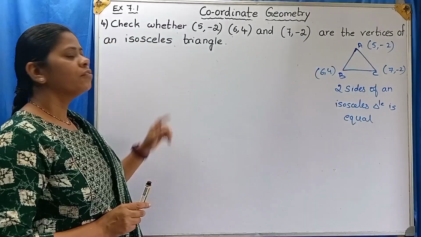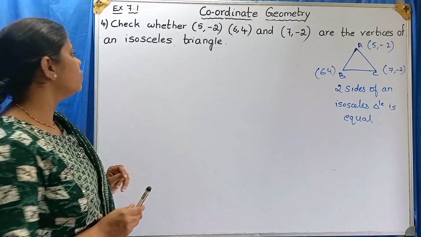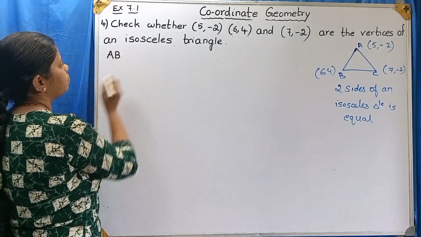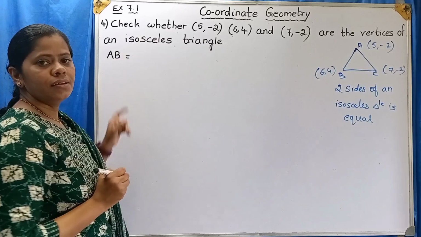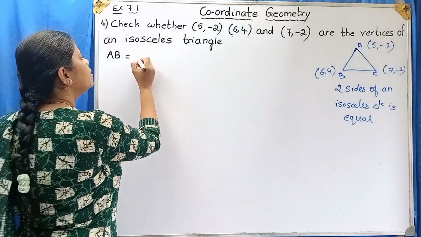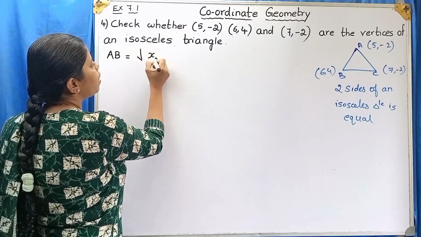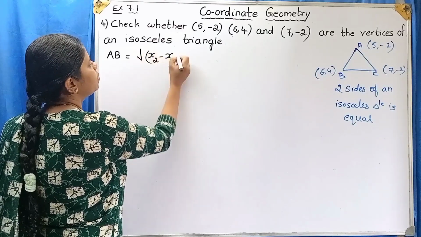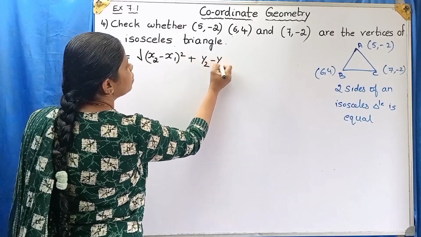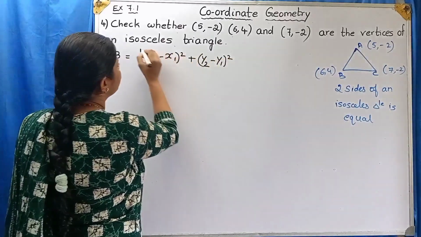First, let us find the distance AB. What is the formula to find the distance between two points? It is the square root of (x2 minus x1) the whole square plus (y2 minus y1) the whole square. Right?